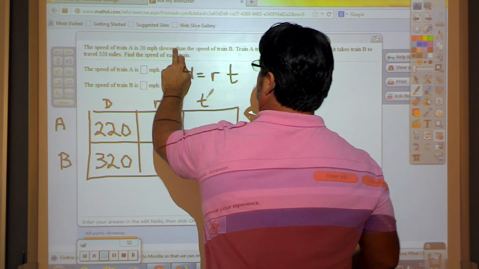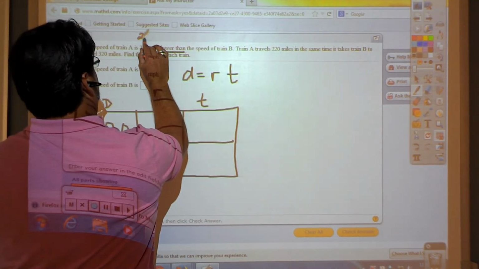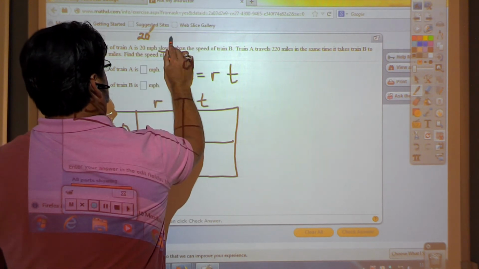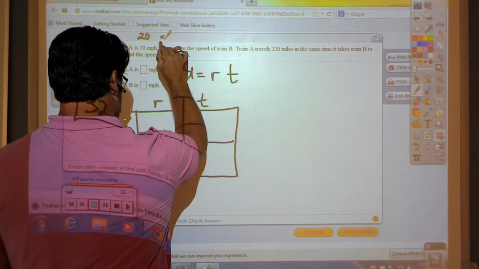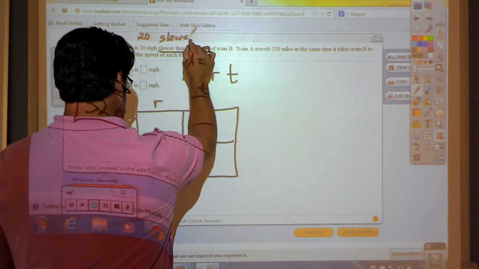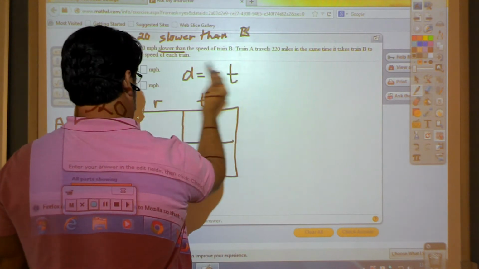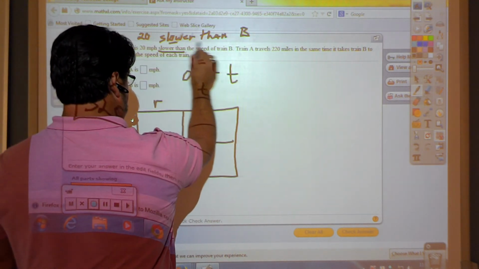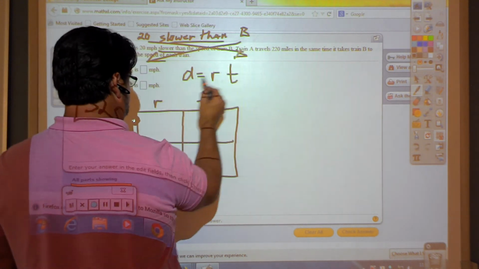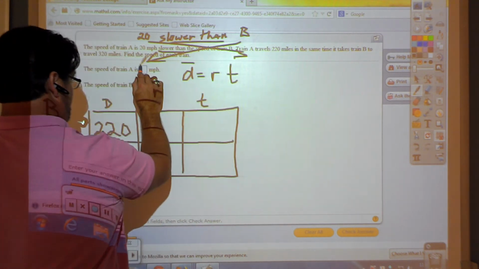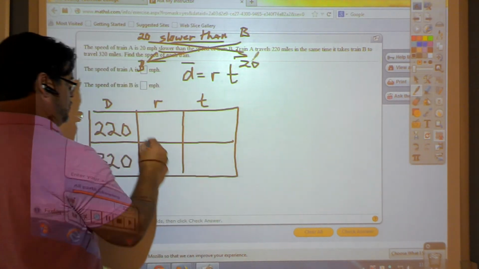Remember, when you see slower than, that means you're going to put 20 and then slower than B, 20 miles per hour. And when you see these two words, you crisscross and put the minus symbol. So that'd be B minus what? 20.